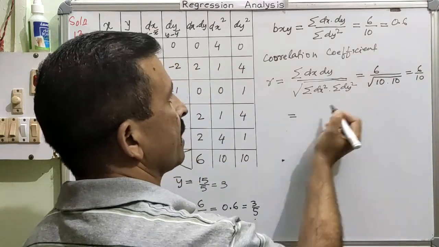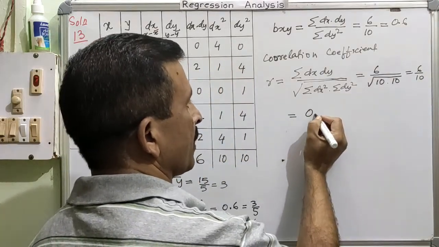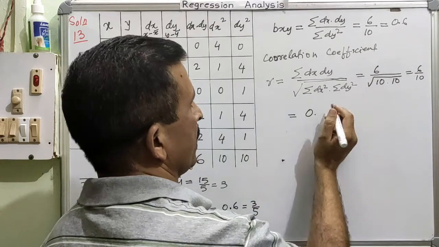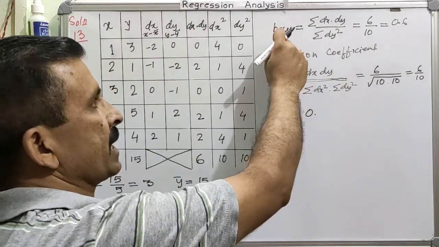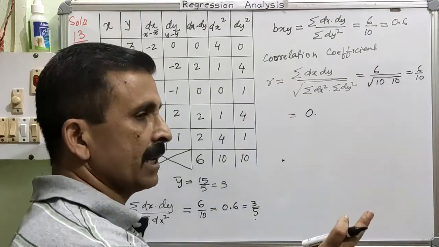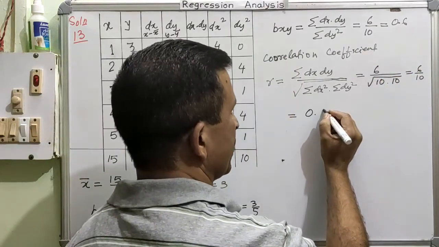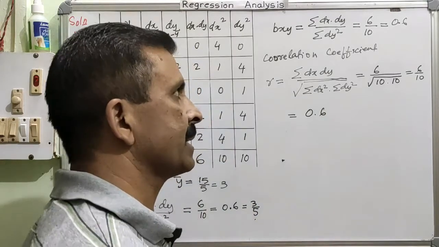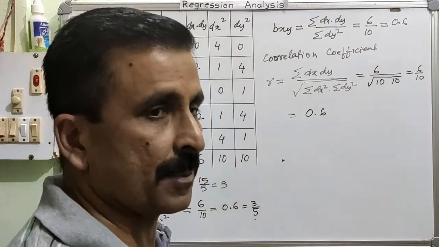Okay, you can write this answer in decimal. Normally the regression coefficient you can keep in fraction also, no problem, but please make sure that you write the correlation coefficient in decimal form. So the answer is coming 0.6. Right? Now you have to interpret, you have to explain this result.